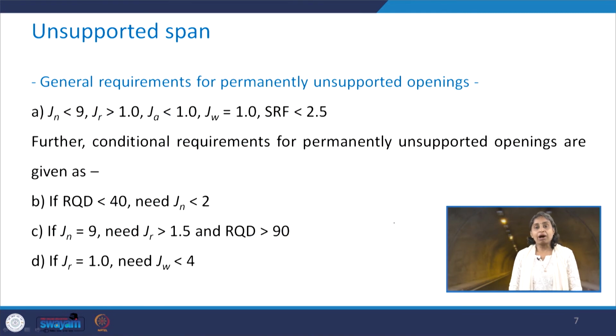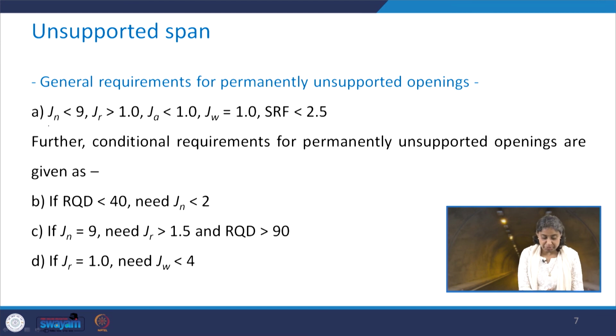The general requirements for the permanently unsupported opening. If you have a very good rock mass, then you may not need any kind of support system. The opening will be safe even when it is unsupported. But then what would be that unsupported span? For that, general requirements are given here.